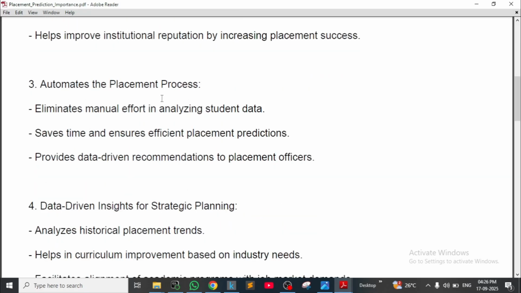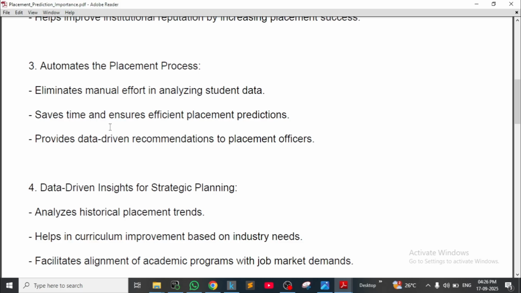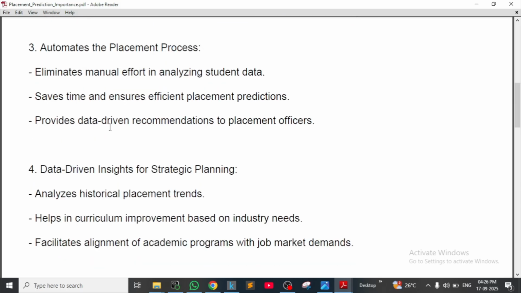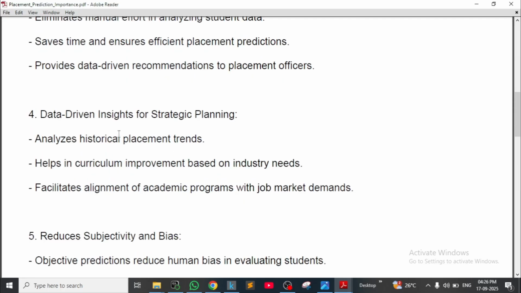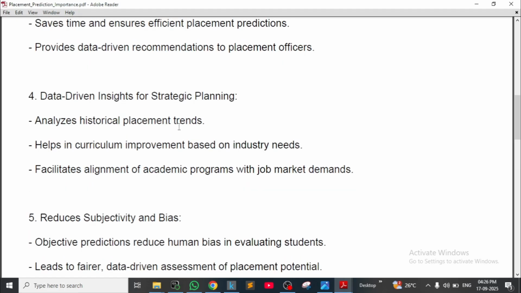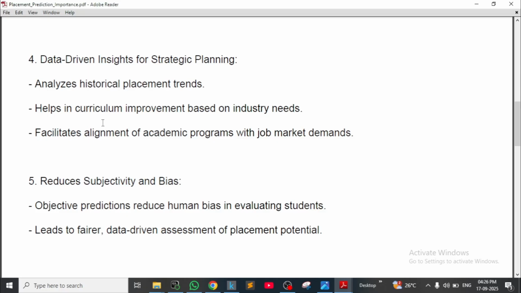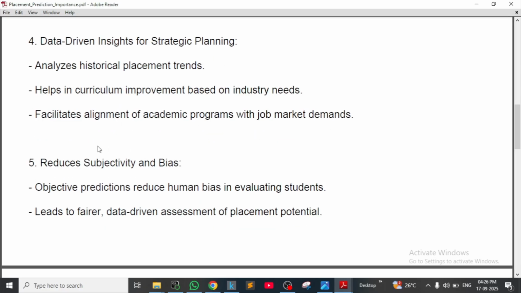Coming to automating the placement process: eliminates manual effort in analyzing student data, saves time and ensures efficient placement prediction, and provides data-driven recommendations to placement officers. Now coming to the fourth, data-driven insight for strategic planning: analyzes historical placement trends, helps in curriculum improvement based on industry needs, and facilitates alignment of academic programs with job market demands.